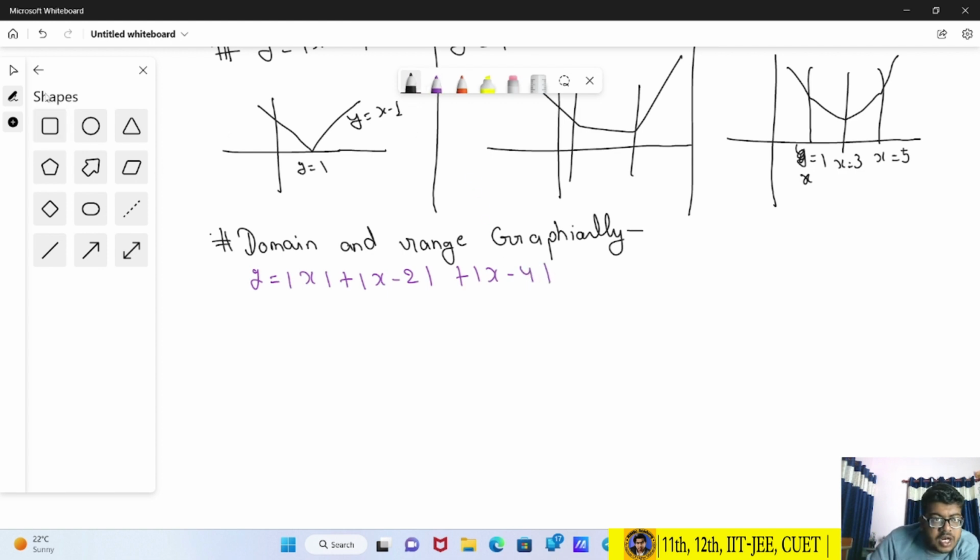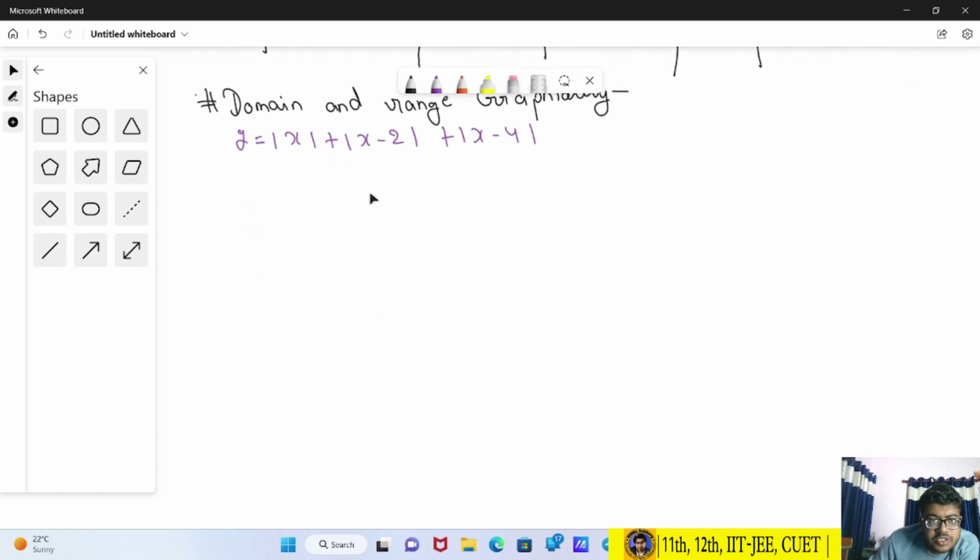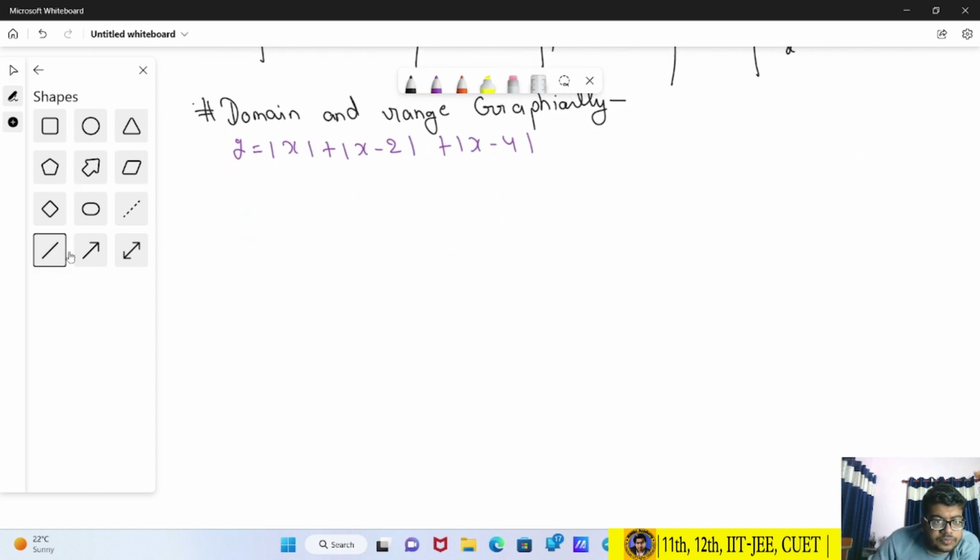First we draw the graph of this. So these are our axes.